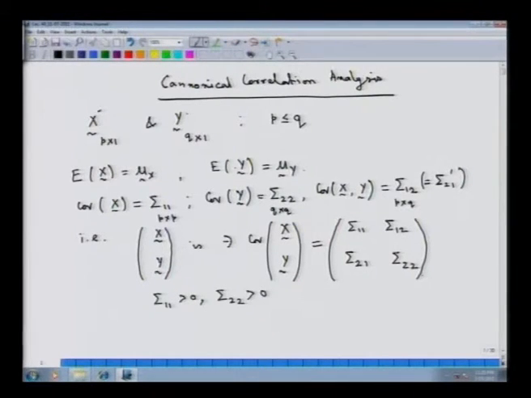Now, as I said, the basic concept in canonical correlation analysis is we look at such random vectors, a p dimensional x and a q dimensional y, and then try to explain the correlation structure of these two random vectors. Now, what will be the correlation from here?